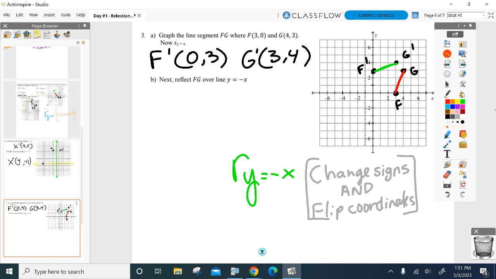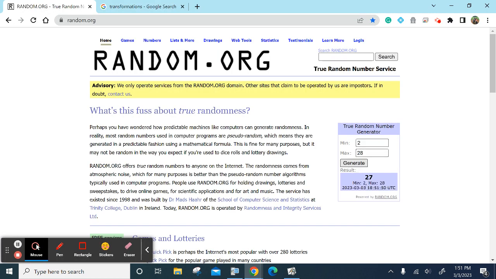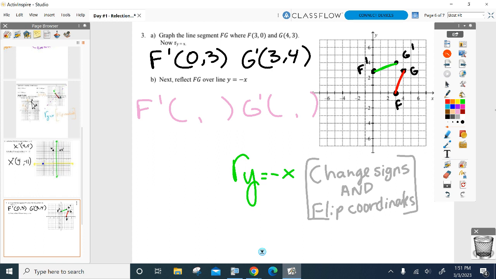So let's go back to part B. What am I reflecting over y equals negative x? My original or the one I did in part A? The OG, the original. Good. So I'm still going to call that F prime and G prime because I'm going back to the original. Flip and change the sign. All right, what's my F prime then?